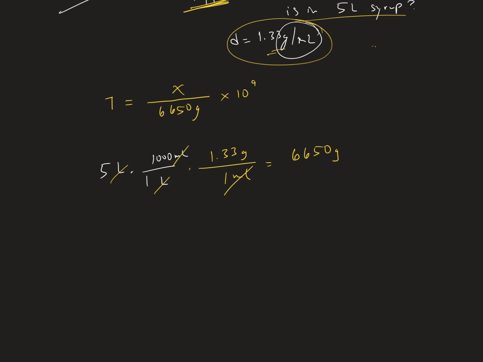Okay? And so now we can, what? Solve for x. Divide both sides by 10 to the 9, and then multiply both sides by 6650.